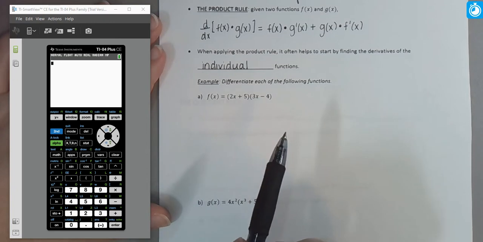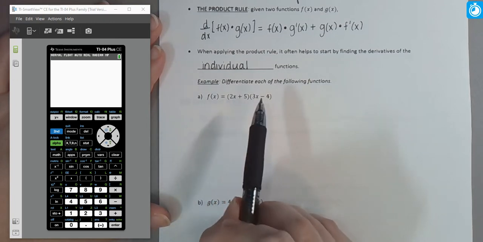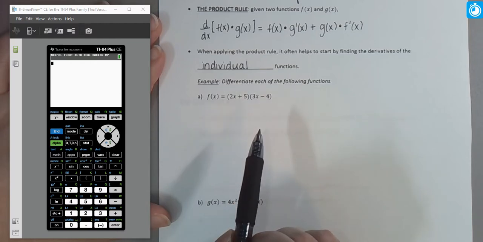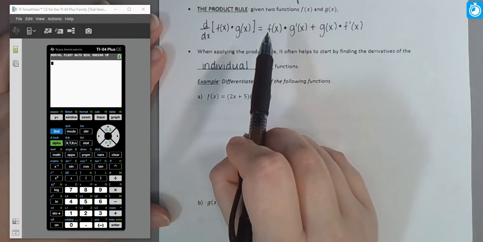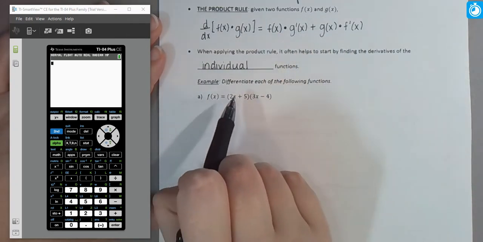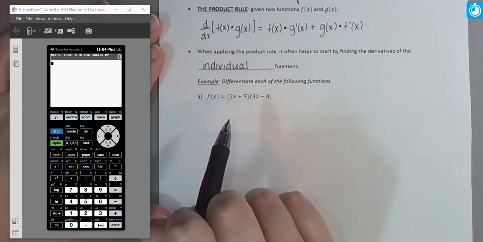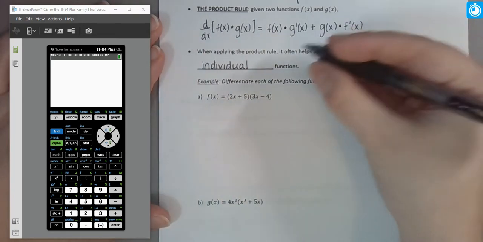But here we're going to use the product rule, which requires us to identify each of these individual expressions as one individual expression, of course, find the derivative of each, and then plug everything into this expression for the product rule. So I'm going to take the first algebraic expression, what we're thinking of as the first function, and I'm going to start by finding its derivative.